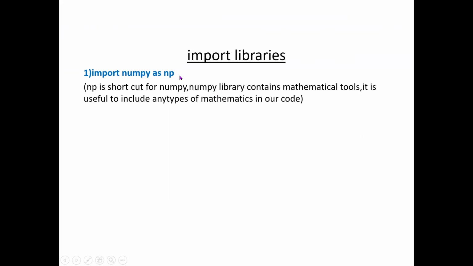For example, in the previous example we always used sklearn.preprocessing. Instead of using the full name, you can give a shortcut name. There is a way to provide a shortcut in Python: use the keyword as and our shortcut name. Later, if you want to use numpy, you just use np. That is the purpose of giving this alias.